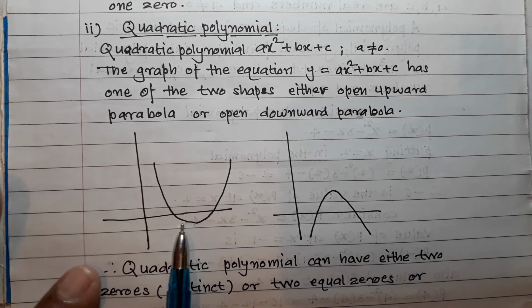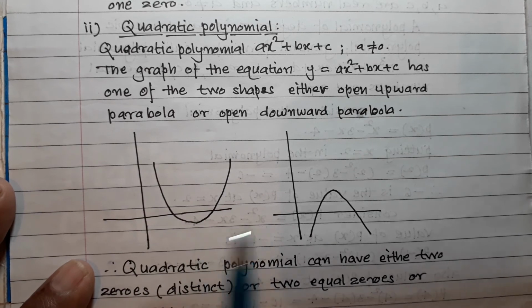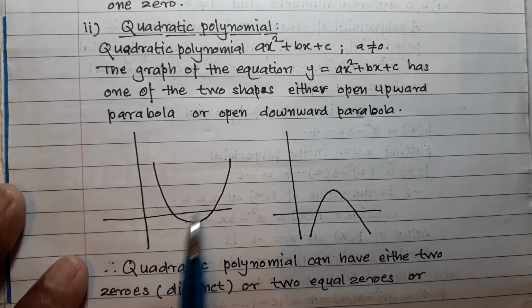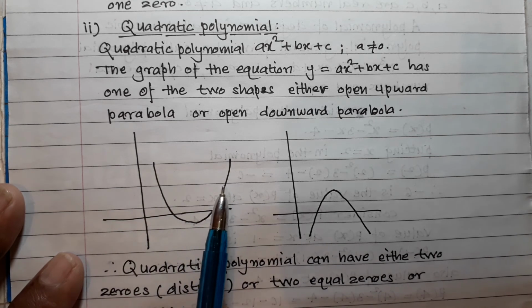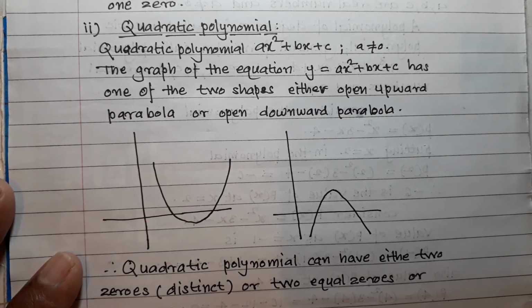The parabola may intersect the x-axis or may not. If it intersects the x-axis, there are zeros, and if it does not intersect, there is no zero. The polynomial of degree 2 has at the most two zeros, which may be distinct or equal.